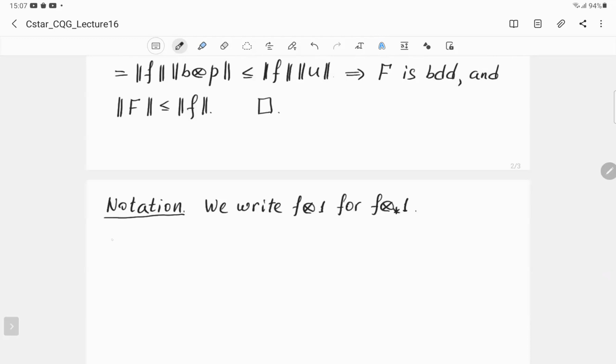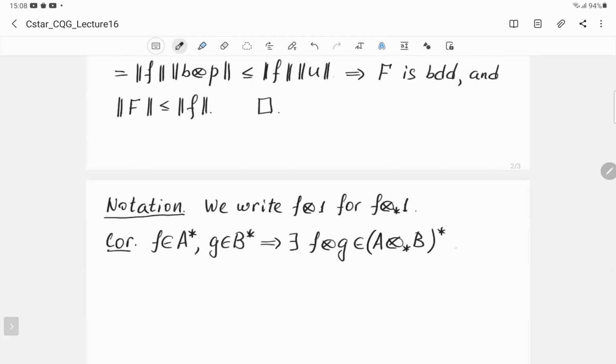As a corollary, we get the following result. Suppose that f is a bounded linear functional on A and g is a bounded linear functional on B. Then there exists a bounded linear functional f tensor g on their spatial C-star tensor product, uniquely determined by the following formula.